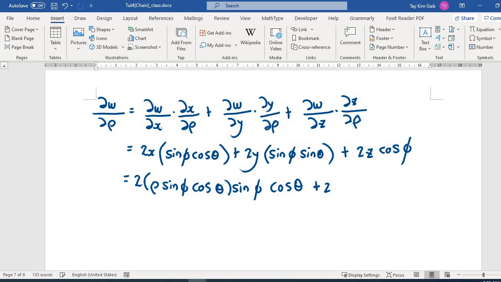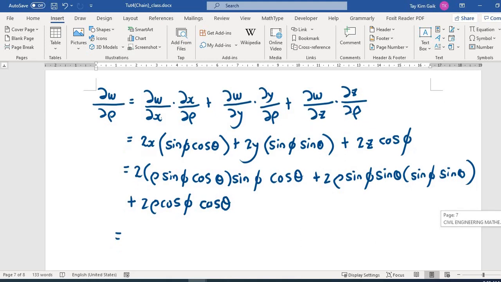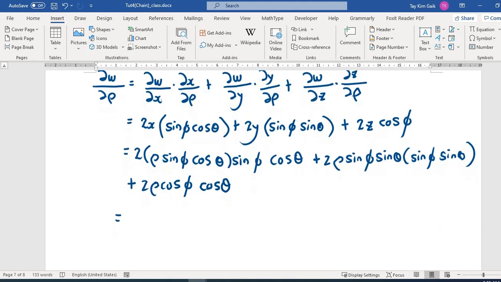Y is actually rho sin phi sin theta, so multiply this sin phi sin theta. Z is actually rho cos phi. Expand, simplify, then you get your del w del rho.